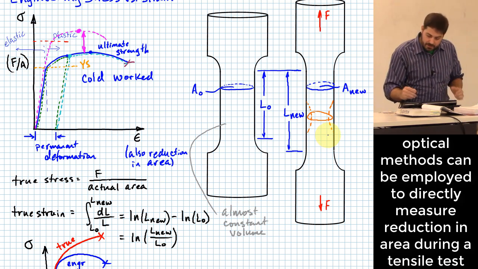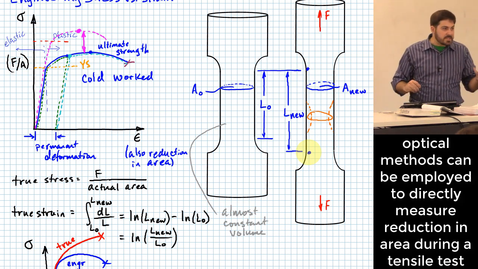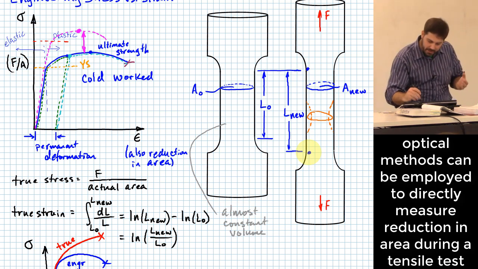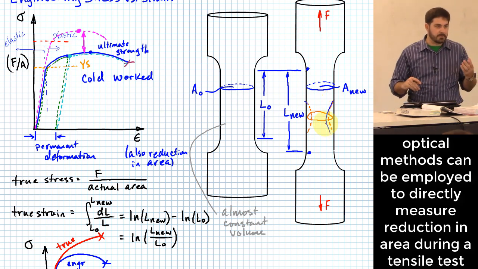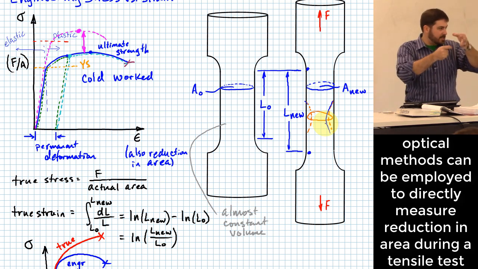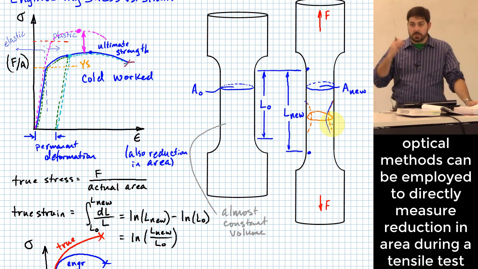Let's say you're measuring for L0 or L new, measuring from this point to this point. You're missing what exactly is going on in this little necking portion of the specimen, because what you're measuring isn't giving you what's happening locally at the neck. What could you do about that?